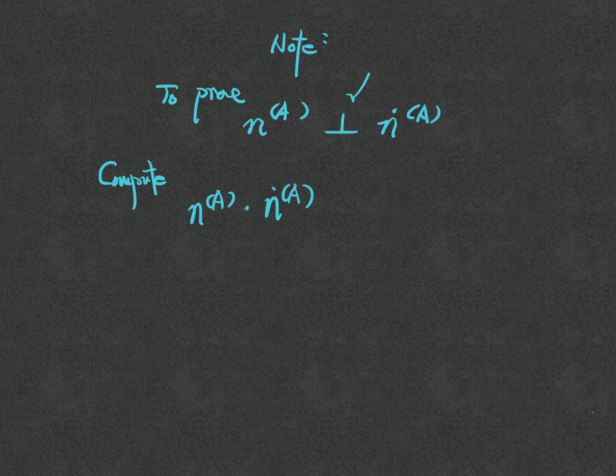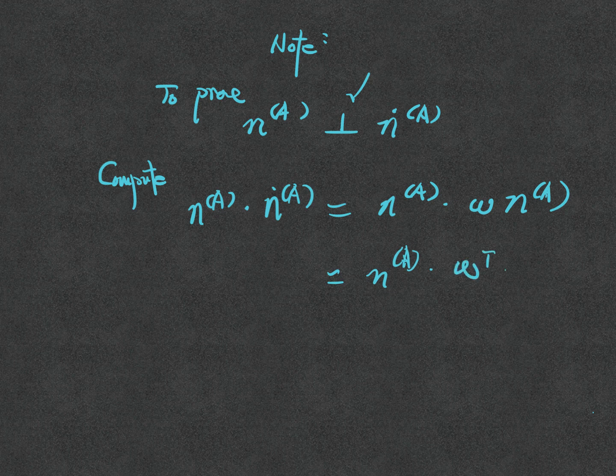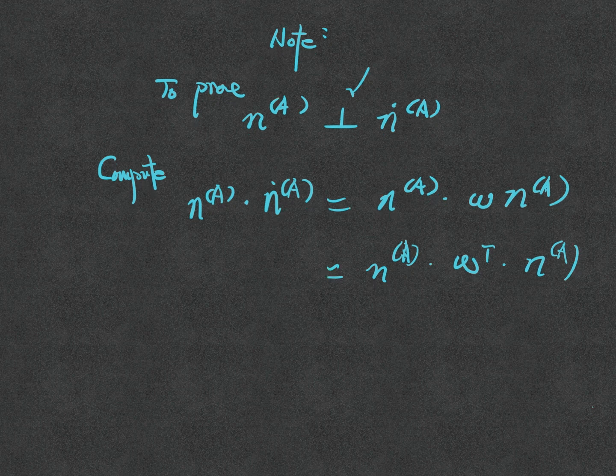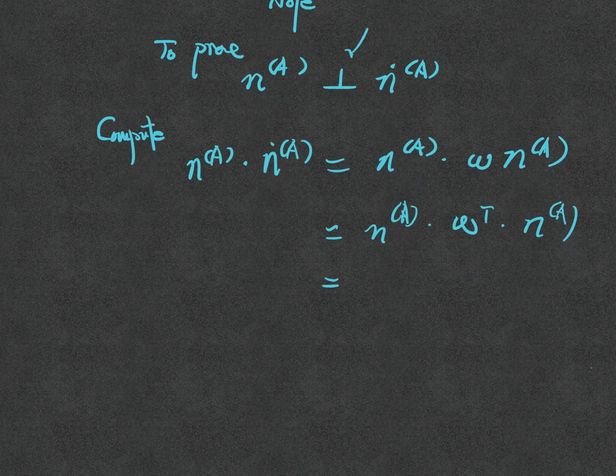Now, this one is actually equal to NA, just using the notations I have before, and that is also equal to NA dot WT dot NA, which is also equal to minus NA dot WT dot NA.